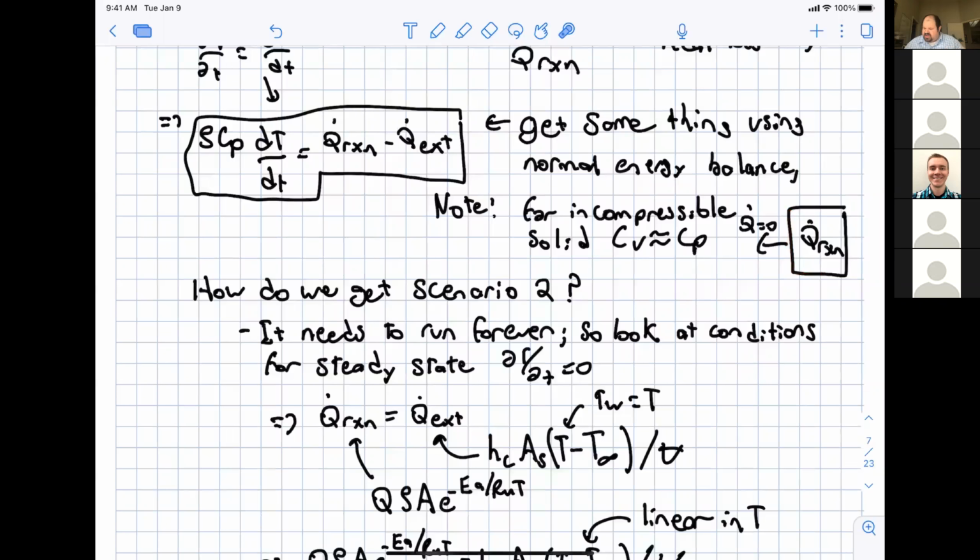And if you wanted to stop this runaway process, our only mechanism available to us for this type of problem is to remove heat from the system.